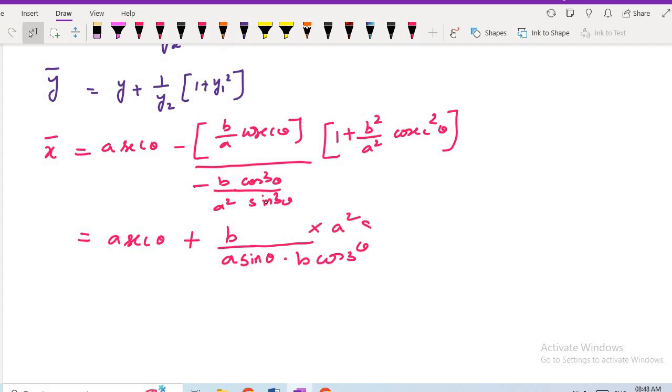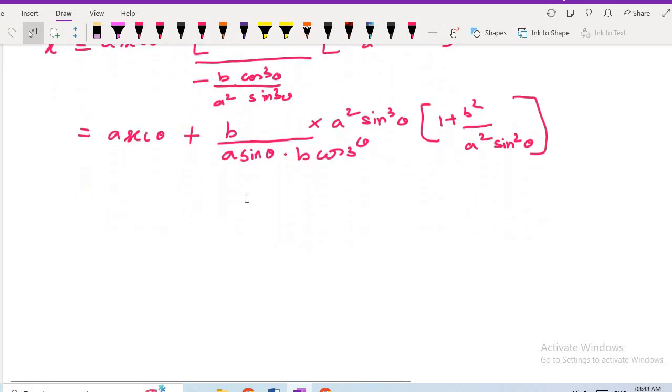So a square sine cube theta, and then the rest of the term 1 plus b square divided by a square, cosecant can be written as sine square theta. So here we can write a secant theta, and then you can multiply all those things inside.